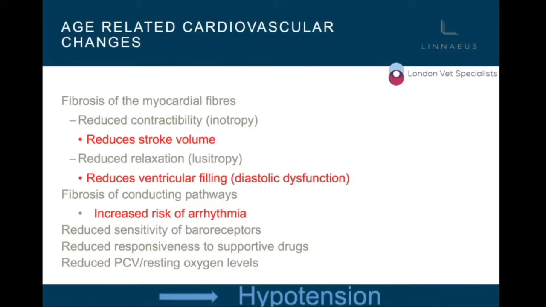And also, when we are trying to help them with drug support under anaesthesia, they may have reduced responsiveness to those supportive drugs. Finally, aging animals have been shown to have a reduced PCV, or packed cell volume. A reduction in the PCV is going to mean less hemoglobin to carry that oxygen around. So several of these changes are going to predispose the animal to hypotension, low blood pressure.